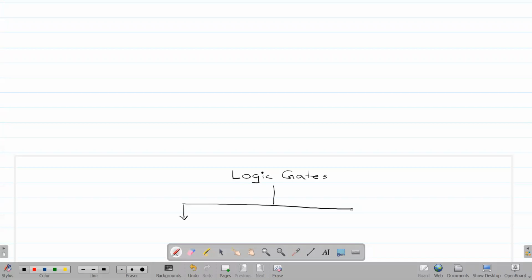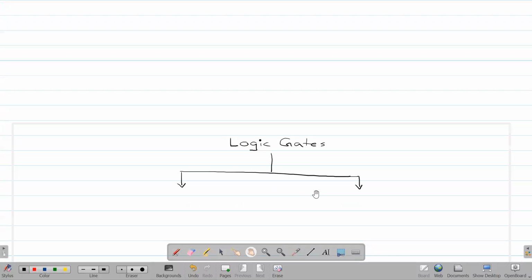The first type is called the basic logic gates. The second one is called the combinational logic gates.